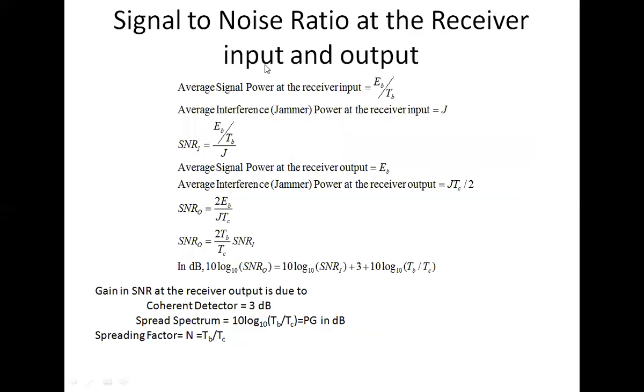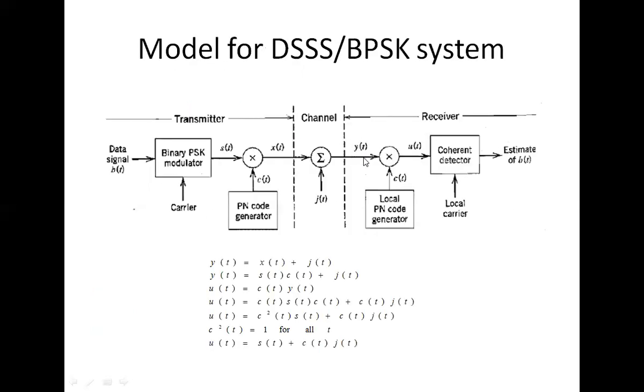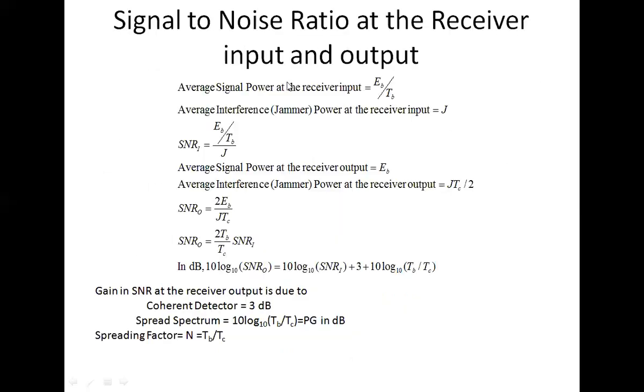To start with, first of all, we need to write the expressions for signal to noise ratio at the input of the receiver and signal to noise ratio at the output of the receiver, right? This part explains the signal to noise ratio expression at the receiver input.